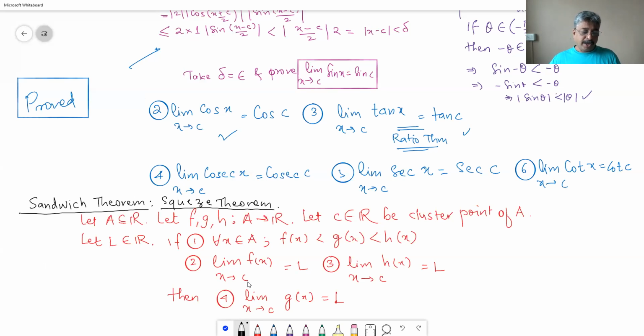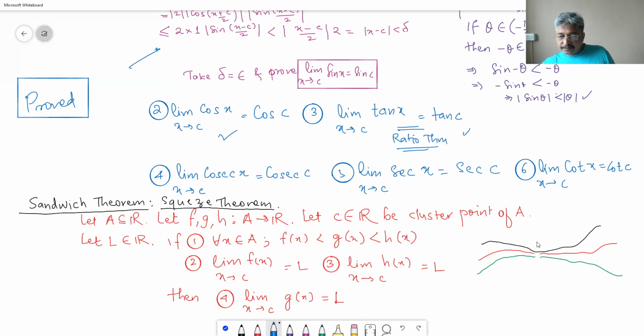Basically, if you have three functions, let me use different colors. One function goes like this, another function goes like something like this, and the third function goes like this. At x is equal to c.